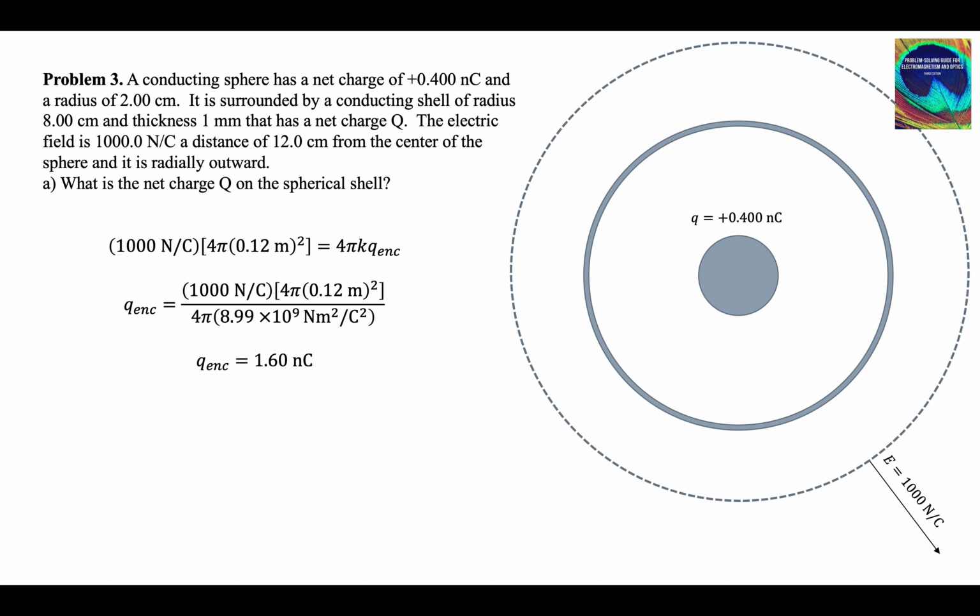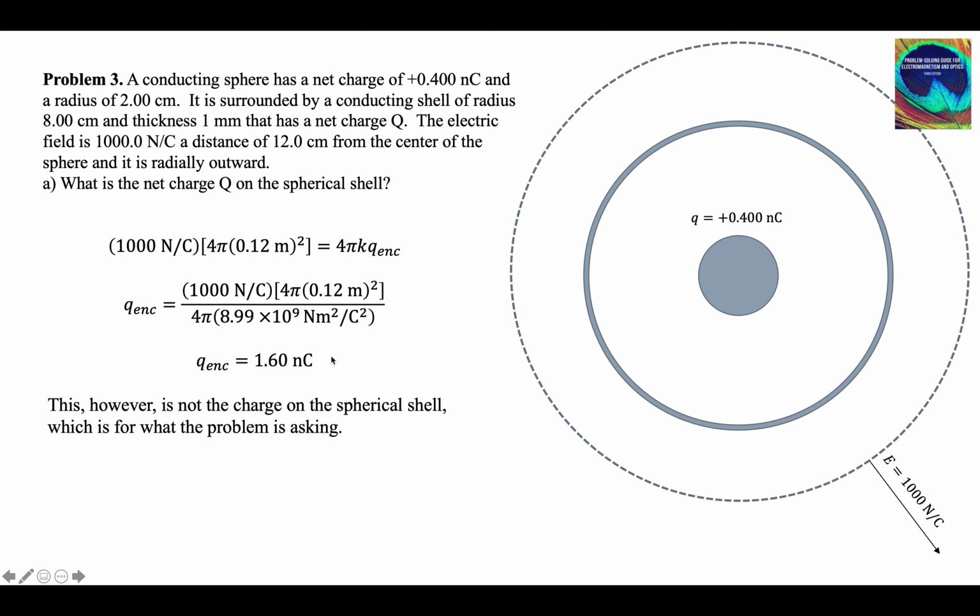You have to be really careful here. 1.6 nanocoulombs is the charge enclosed by the Gaussian surface. It always is the charge enclosed by the Gaussian surface. There's 2 things here that have charge, this one and that one. And the total is 1.6 nanocoulombs. We want to know the charge on the spherical shell.